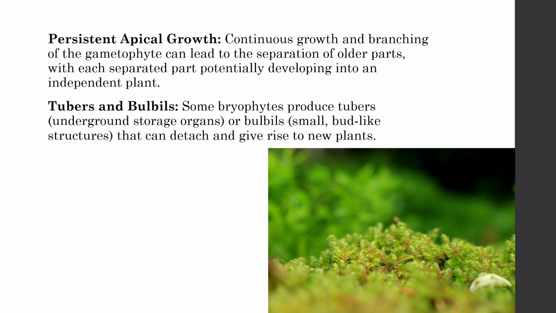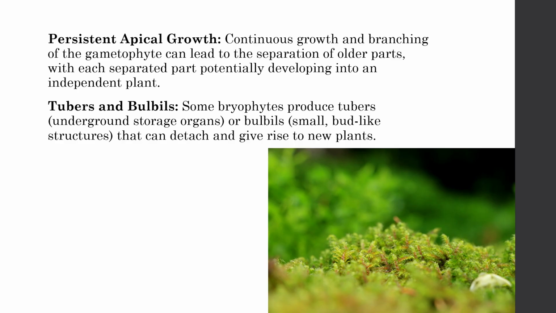Next are the tubers and bulbils. Some bryophytes produce tubers. Usually the role of tubers and bulbils is storage. These are underground storage organs. They store nutrients for years together, so that the plant can survive any threatening condition.